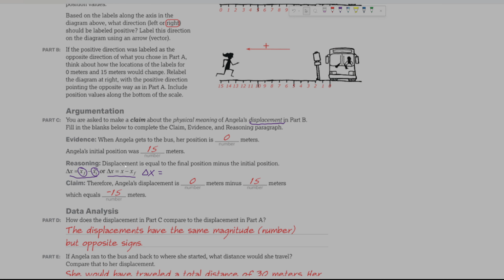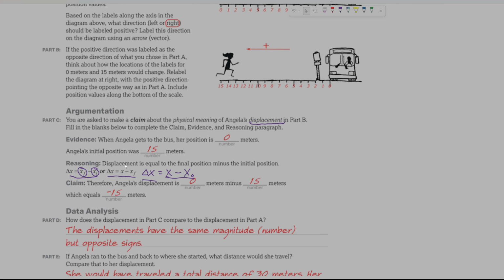Basically, the change in x, delta x, the change in position, is equal to the current position, as noted by just an x, minus, and this is how I've always seen it, x naught, naught meaning 0, and that just means your initial position. So we have our displacement, delta x, is equal to the current position minus the initial position. Okay, so that is the reasoning there.